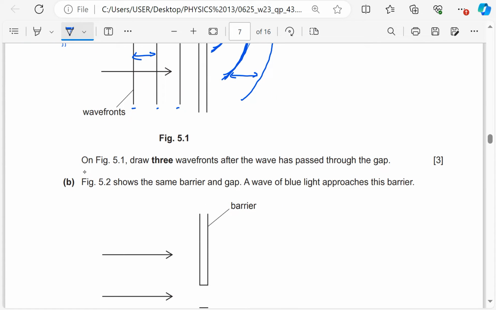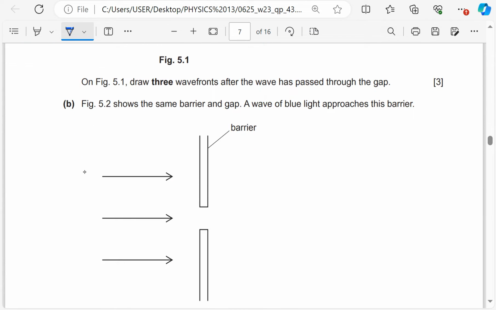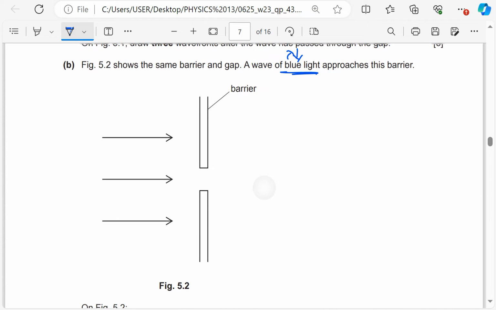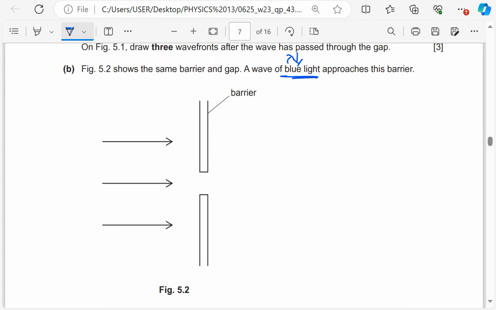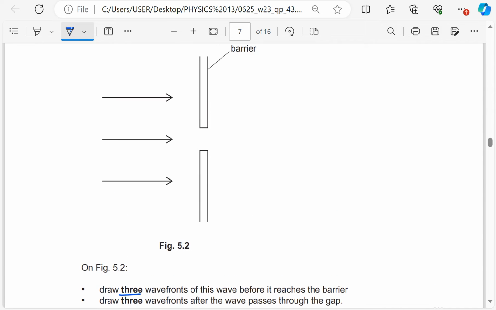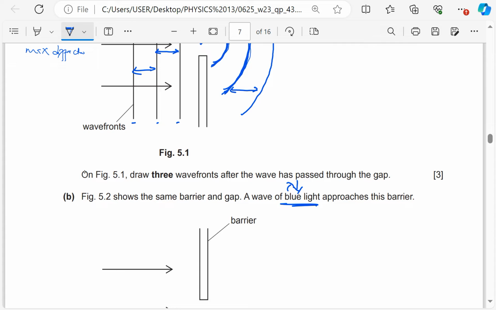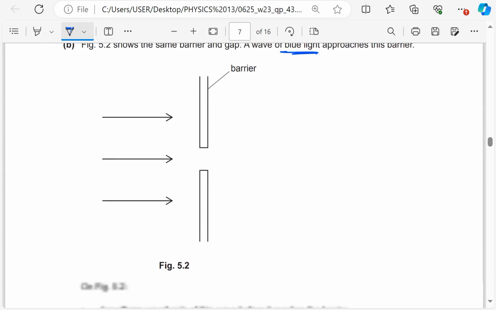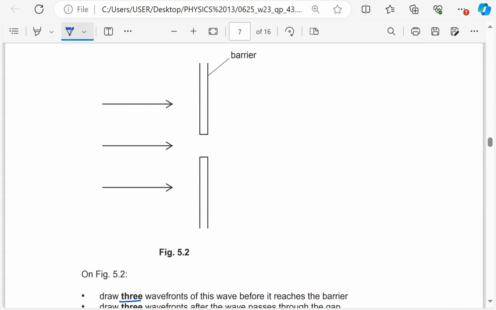Okay, then figure 5.2 shows the same barrier and gap, with a wave of blue light. Of course, we know that blue has a smaller wavelength, so the wavelength has reduced. Draw three wavefronts of this wave before it reaches the barrier. Blue light has a shorter wavelength. So if this is approximately 1.1 centimeters, I will draw lines which have a shorter distance between them.